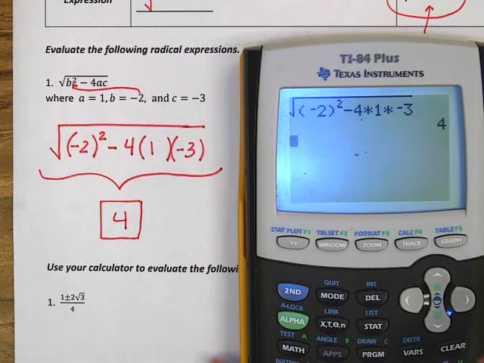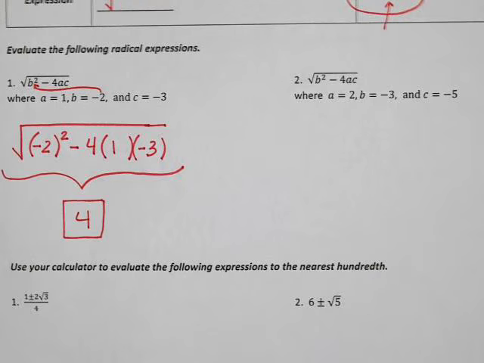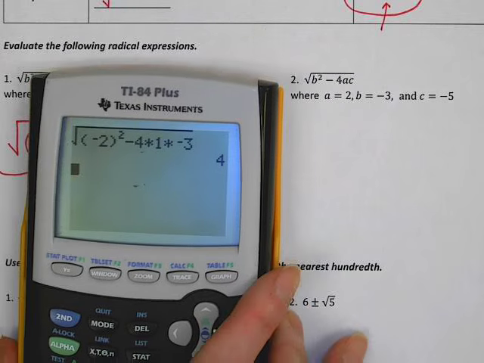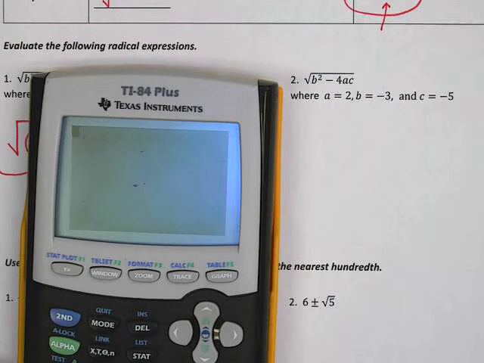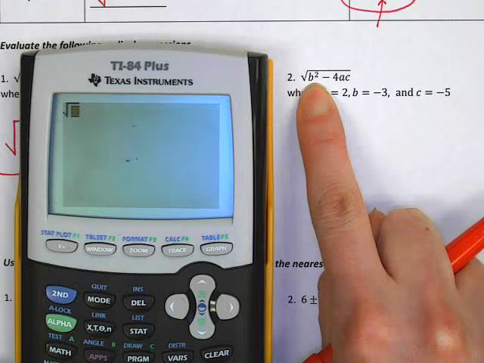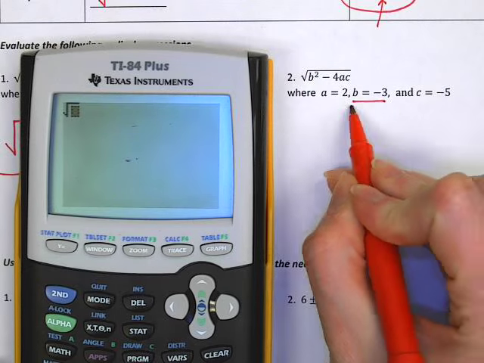All right, let's try 2. Same thing. Let's plug everything in and see if you guys can evaluate it on the calculator. Now this one I'm just going to do straight in the calculator, and let's see what happens. Okay, so big square root sign. All right, b squared. So b is -3.